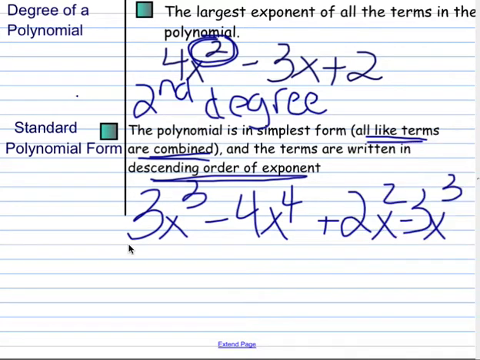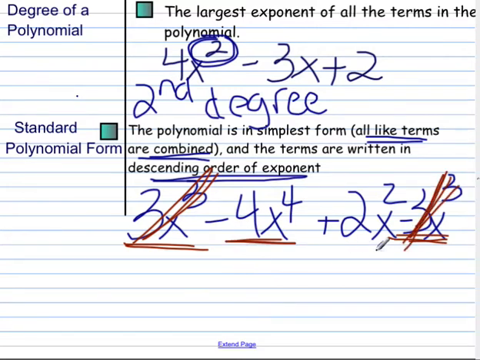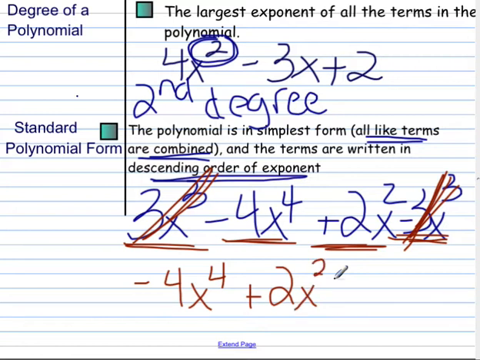So I notice that I have a 3x cubed and a negative 3x cubed. Well, when I combine those like terms, those are going to cancel out completely. So all I'm left with really are the 4x to the 4th and the 2x squared. So I just want to make sure that I write them in descending order. So I have negative 4x to the 4th plus 2x squared. And that is going to give me my standard form of the polynomial.